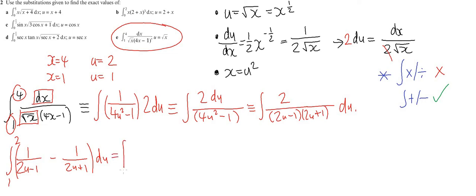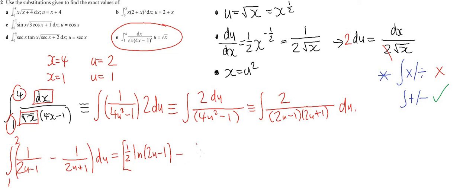So now all I have to do is work out what this is. So I've got 1 over 2u minus 1. Well, okay, so we know that's going to be ln of 2u minus 1. But remember the chain rule. Okay, so I'm going to have to take that a that's multiplying u and divide by that. So I get a half.